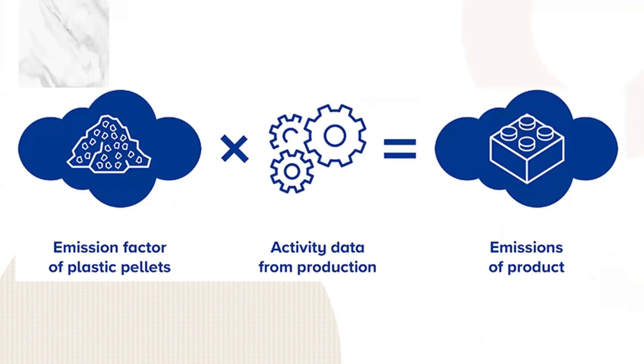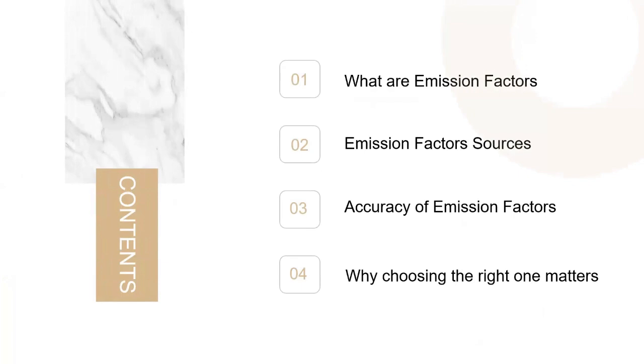They help convert activity data like liters of fuel or kilowatt hours of electricity into carbon dioxide equivalent (CO2e) emissions. So today, we will cover what emissions factors are, where you can get them, how accurate they are, and why choosing the right one matters.